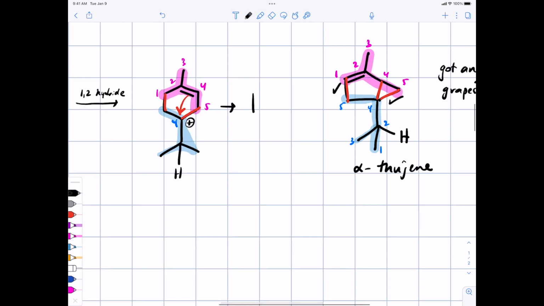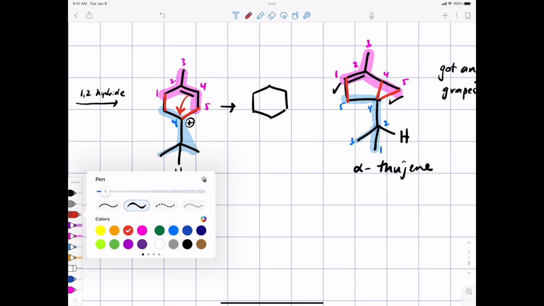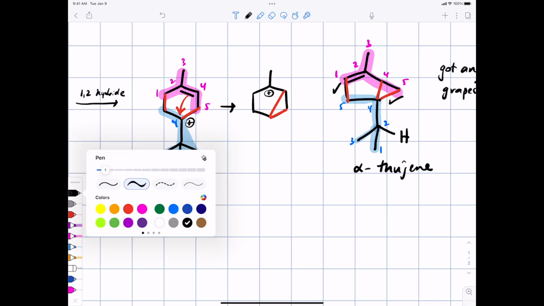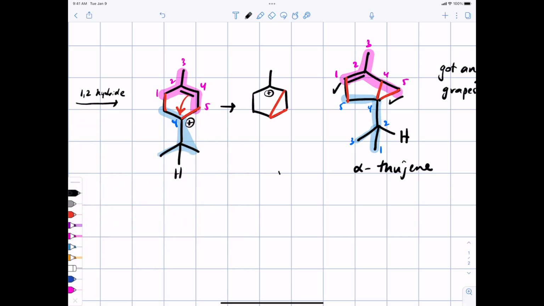The new bond we make is going to be between pink 4 and blue 4, so that the positive charge can be on pink 2, where it is more stable. And that's kind of cute, because now it looks like the duck has eyes.